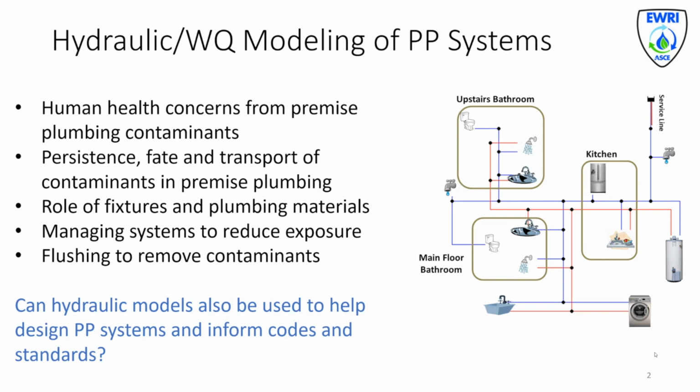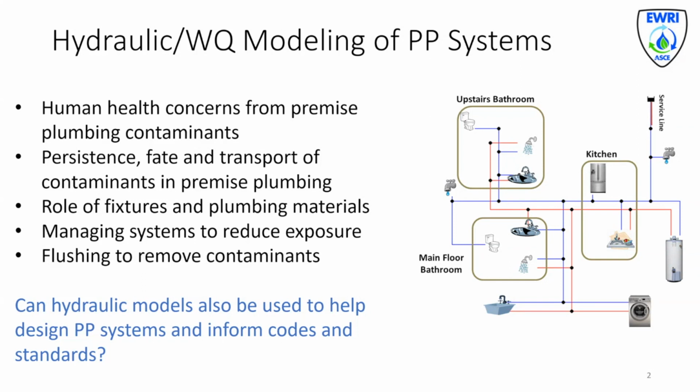We might use these types of models to look at the persistence, fate, and transport of contaminants in buildings, understanding the roles of fixtures and plumbing materials, and creating conditions that could lead to poor water quality and human exposure to contaminants. Looking at how we might manage our premise plumbing systems better to reduce those risks. And then looking also at how we could remove the contaminants from the system by using flushing or other methods.